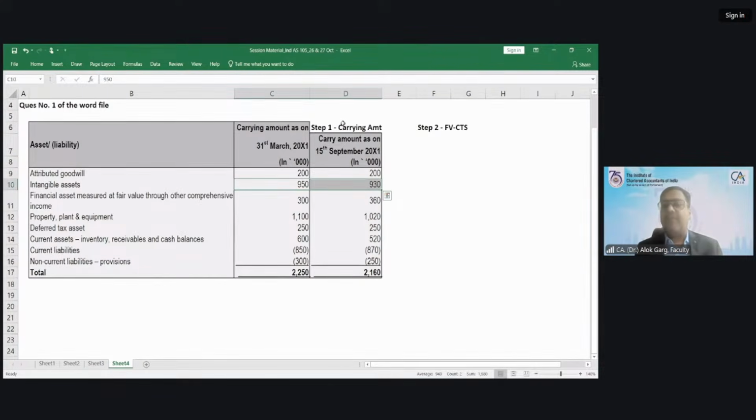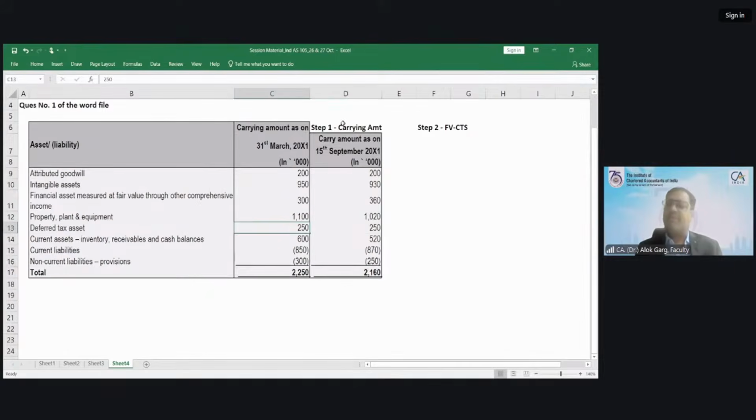What is the reason for the decline? Amortization. Financial asset goes from 300 to 360. Why has it increased? Due to fair value. PPE goes from 1100 to 1020. Why has PPE declined? Depreciation or impairment, you are right.